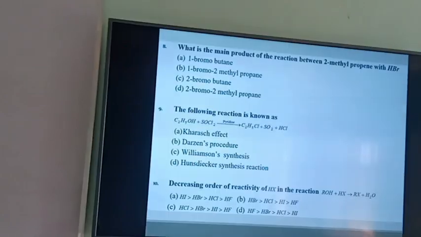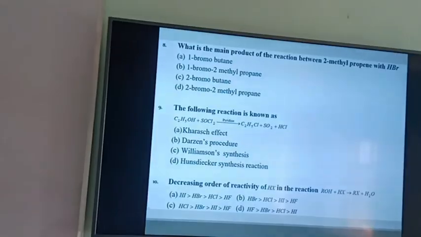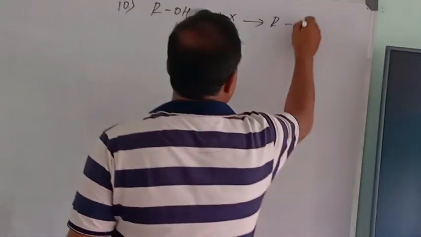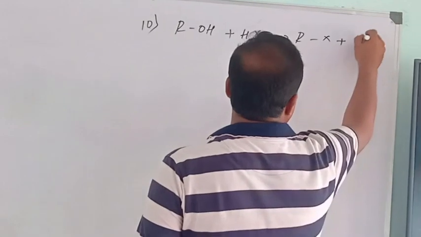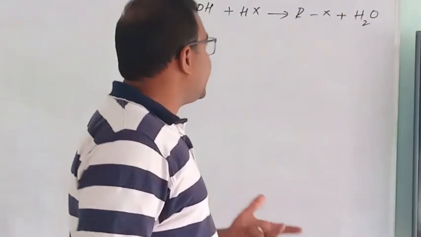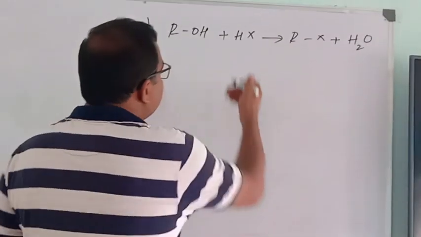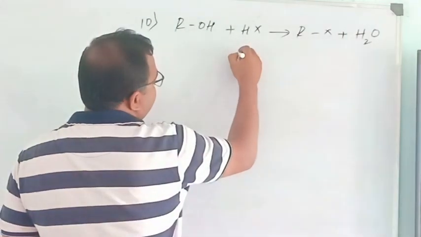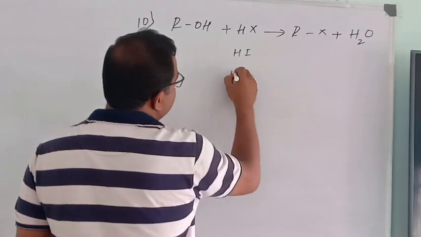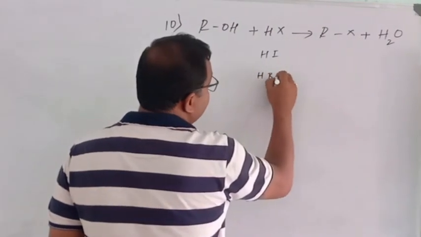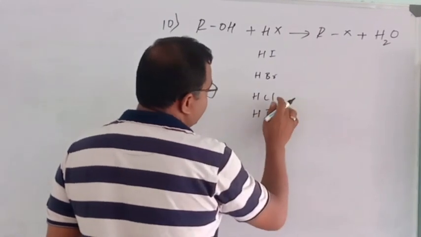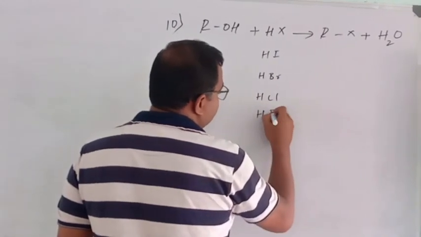It is given in the reaction, HX, to form RX plus H2O. So which is the fastest reactive? HI is given, HBr is given, HCl is given, hydrogen fluoride is given.